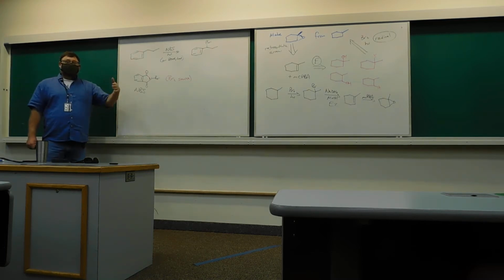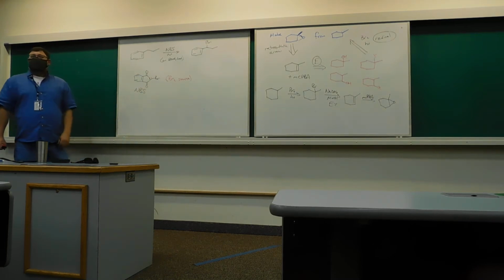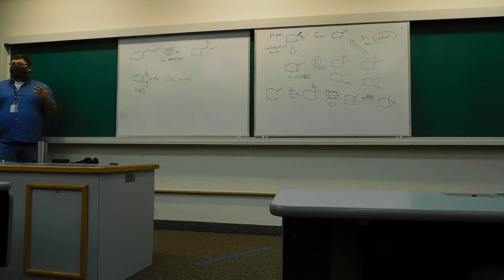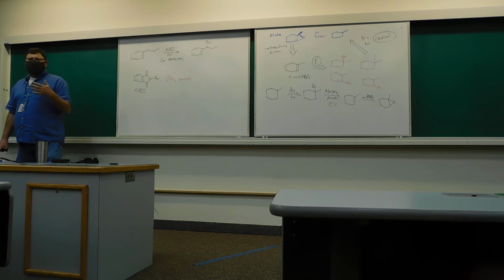So one reason, solubility is always an issue. NBS is nicely soluble in organic solvents. Br2 is really as well. But Br2 is a much more hazardous substance to work with. It's a really volatile liquid. I've asked you guys if you've seen iodine. Anybody seen Br2, bromine? It would be really unusual if you had.